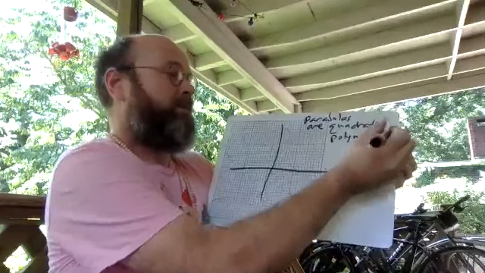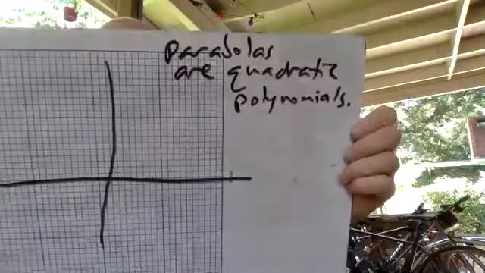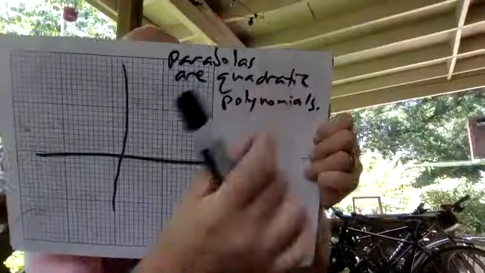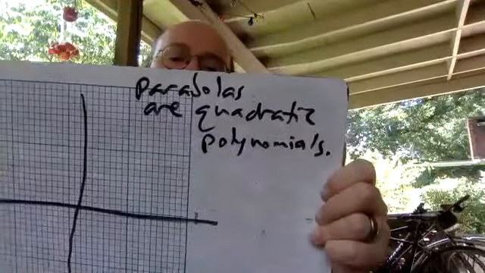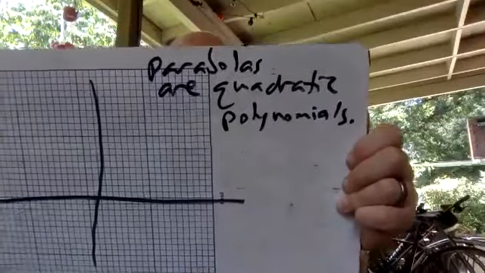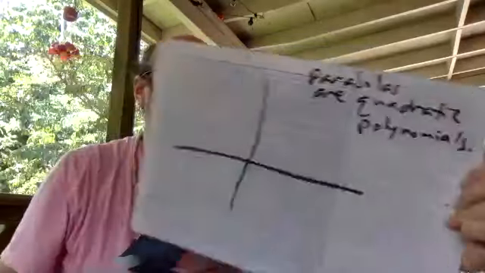That makes it really easy to work with these, and we know a lot about quadratic polynomials. That's a really big deal in math. So useful because we know so much about them.